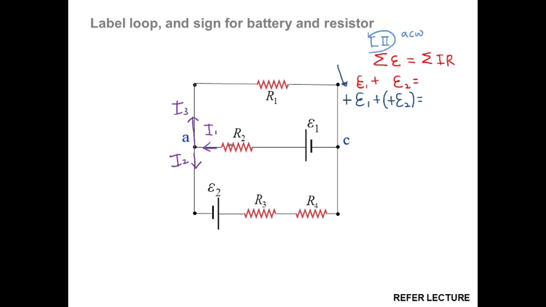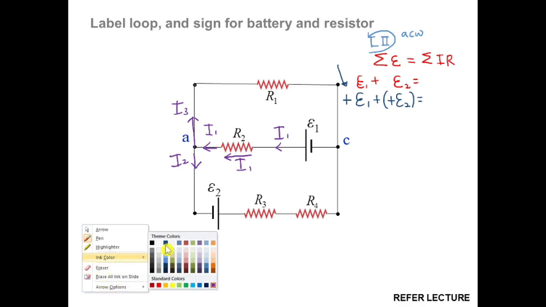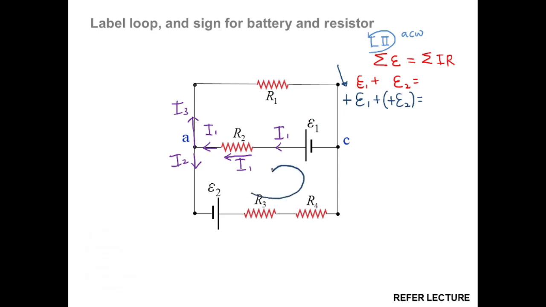Current number 1 will affect resistor number 2. The same current flowing from EMF 1, current number 1, also flows in resistor 2.